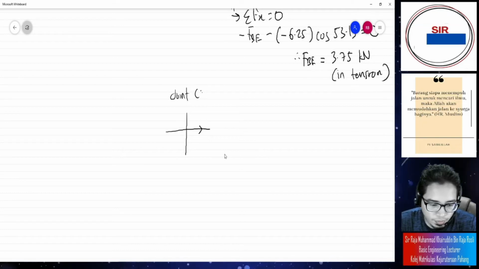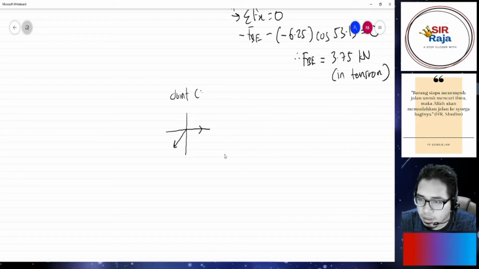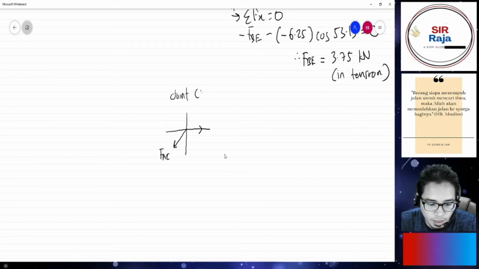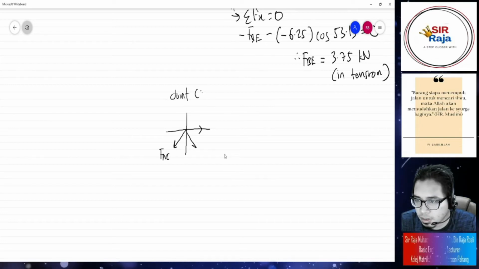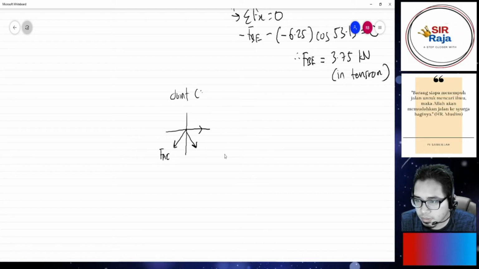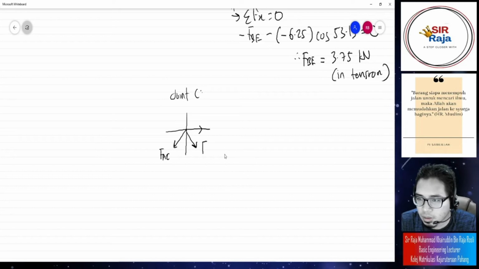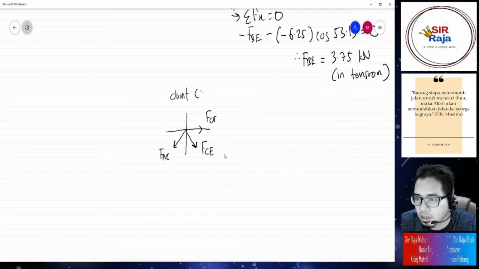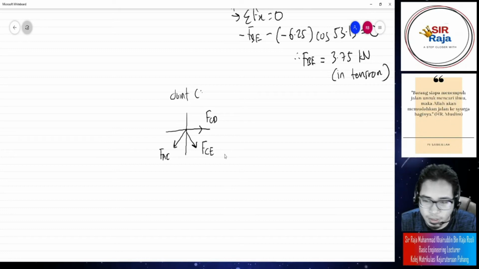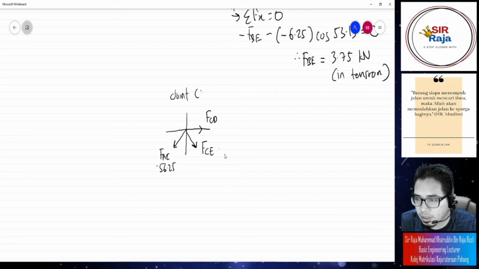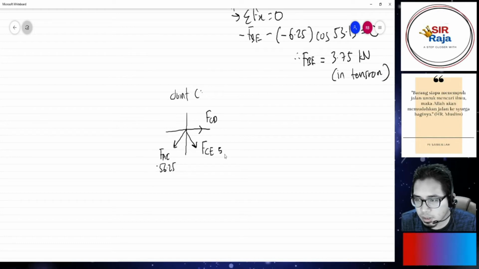We're going to have FAC here, and FCE here, and here is FCD, where we know FAC is negative 56.25 and FCE is unknown.